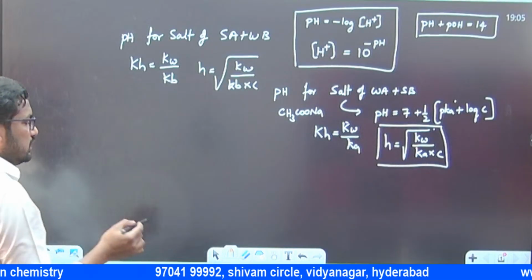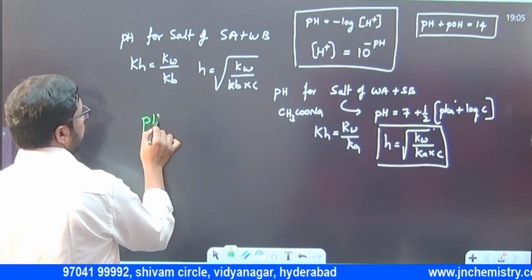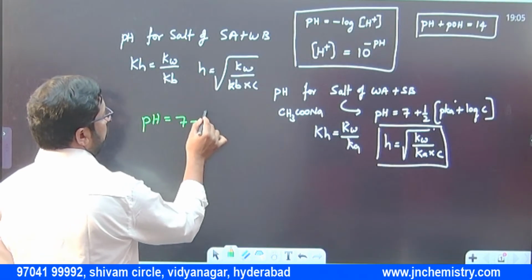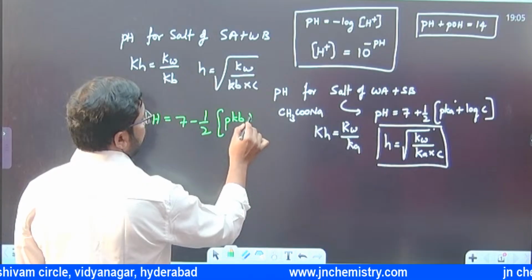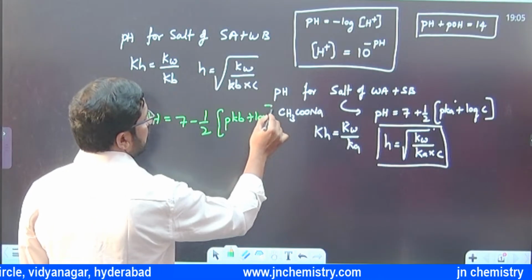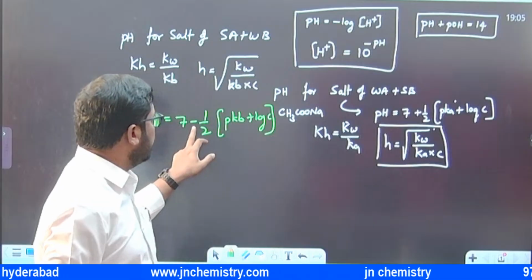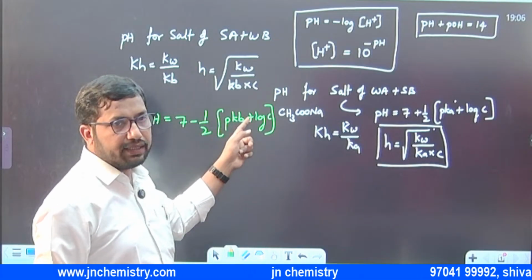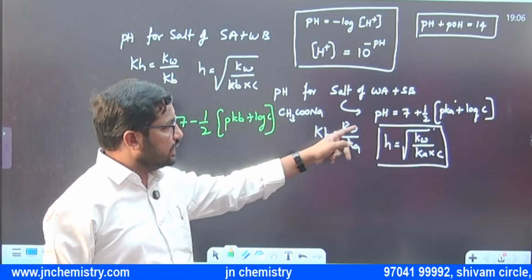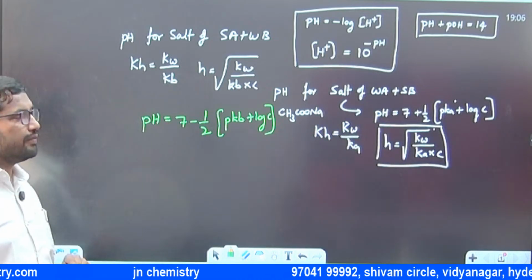What about the pH? pH is equal to 7 minus 1/2 pKb plus log C. See now, the difference here is 7 plus versus 7 minus. In case of pKb, it is minus 1/2 pKb plus log C. So the only difference is plus and minus.